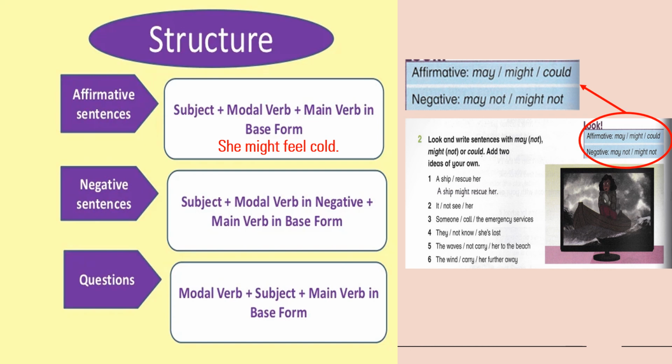For negative sentences, you use the subject plus modal verb in negative plus main verb in base form. For example, she might not swim across the sea. For questions, you can use modal verb plus subject plus main verb in base form. For example, could she save herself?